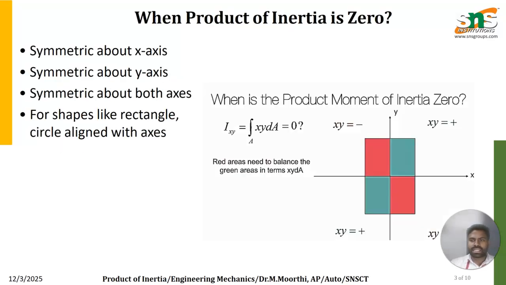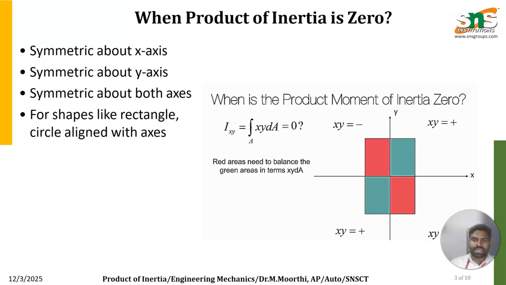As seen in the previous slide, in the first quadrant both x and y are positive. Similarly, in the third quadrant, x and y are both negative.